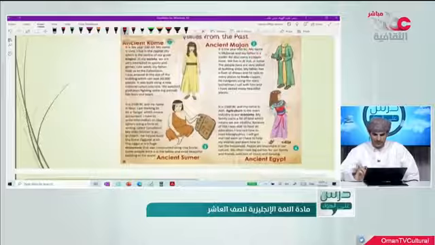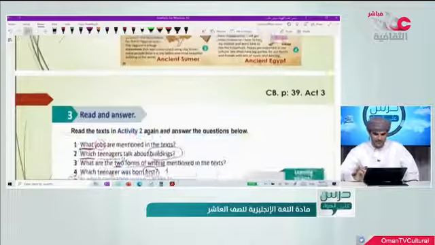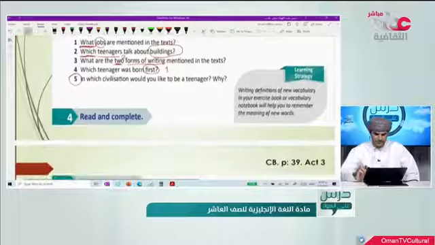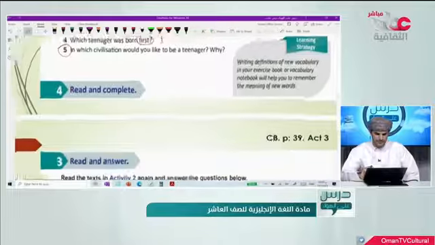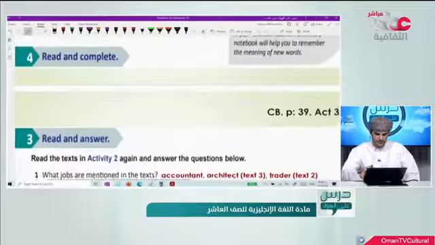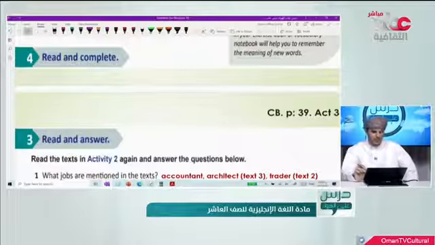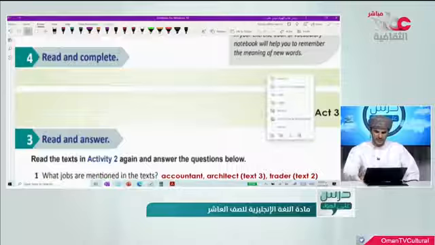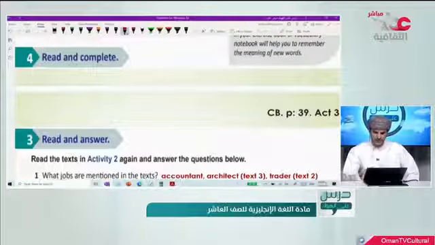Okay. I believe that you are done by now. Let's find out the answers. Number 1, what jobs are mentioned in the text? As you can see here, accountant, architect, and trader.